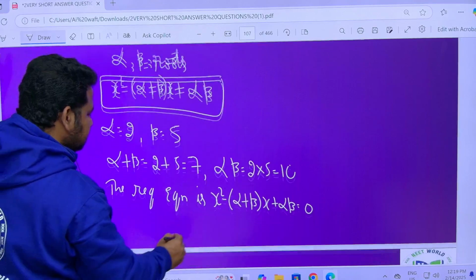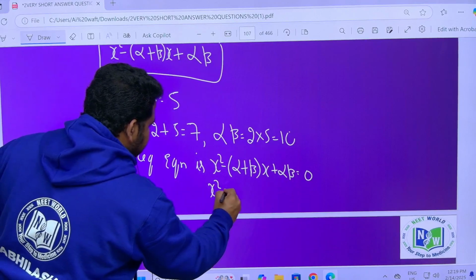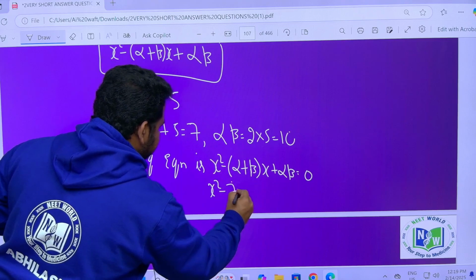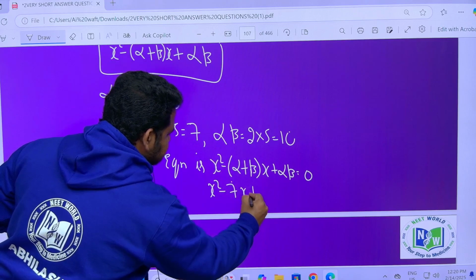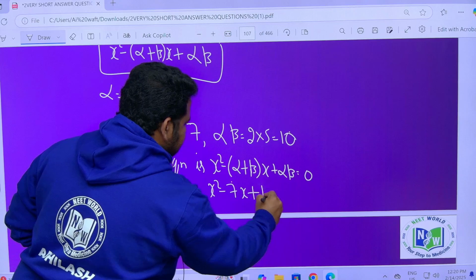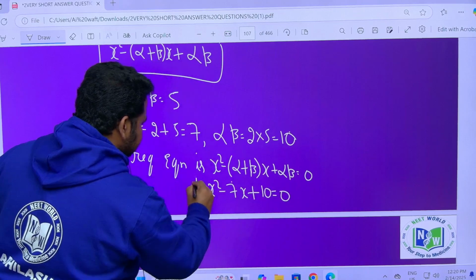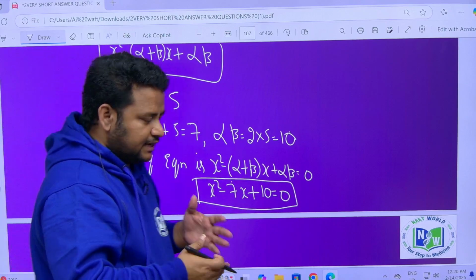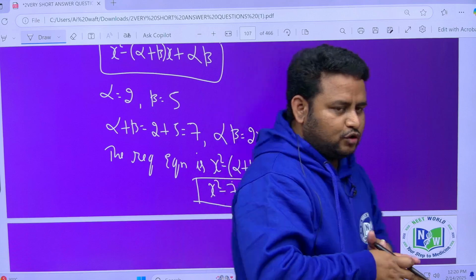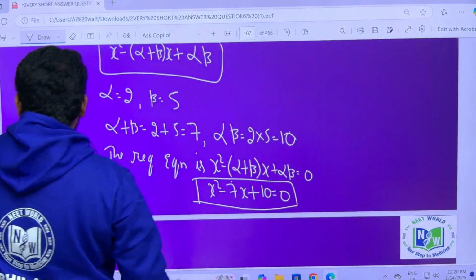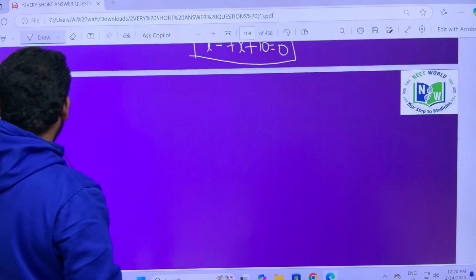So this will be x square minus 7x plus 10 is equal to 0. So this is how you form the quadratic equation when they give you the roots. That is why understanding the relation between coefficients and roots of the equation is very important, because we'll be solving a lot of questions based on this.